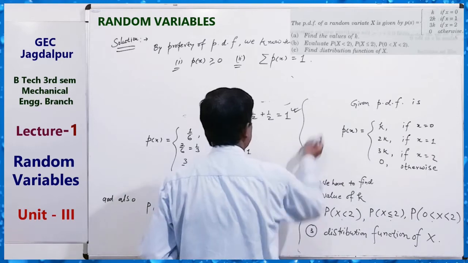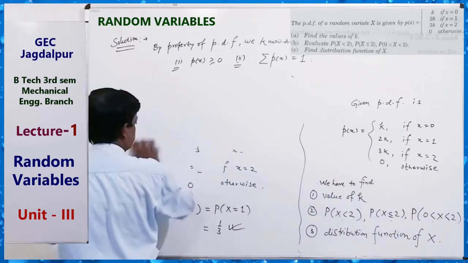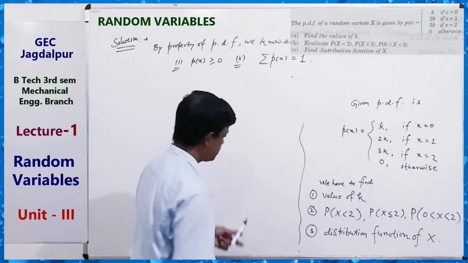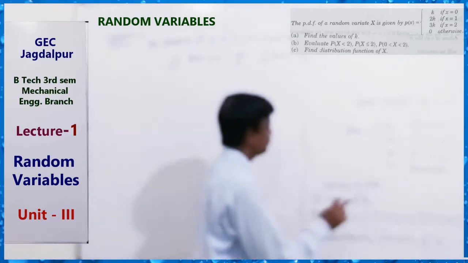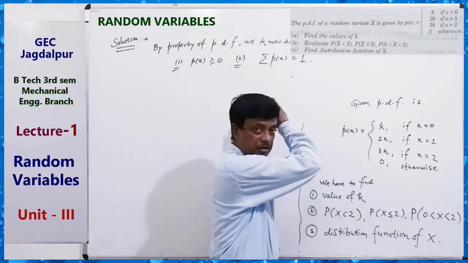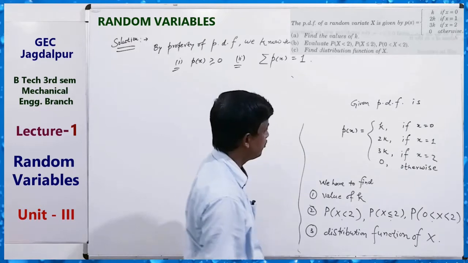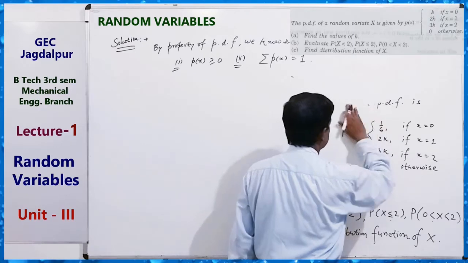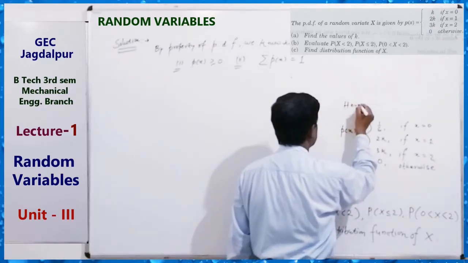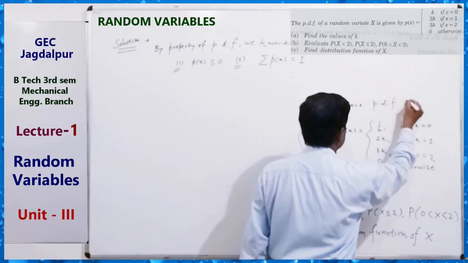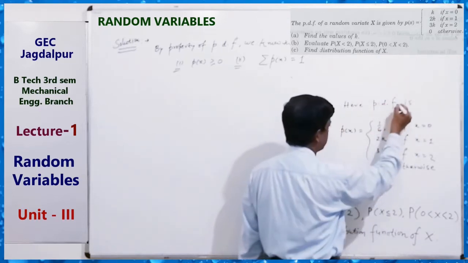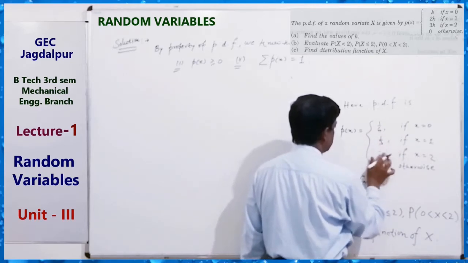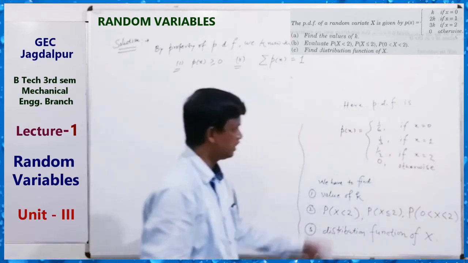So first of all I will discuss the distribution function. Just this definition is also required. So after putting the value, the PDF values are 1 by 6, 1 by 3, 1 by 2, just like this we are getting.